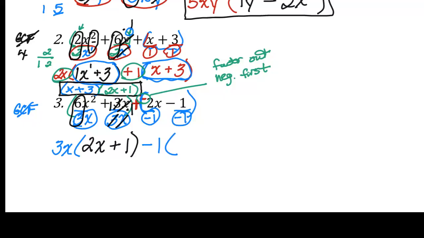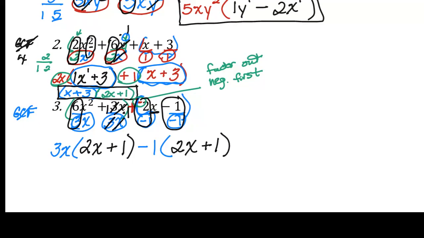And when I factor out the minus 1, what do I have left? Negative 2 divided by negative 1 is a positive 2 with an x that is still there. So I write down the x. And negative 1 divided by negative 1 gives me positive 1. And again, you want to make sure that your second set of factors are exactly the same.